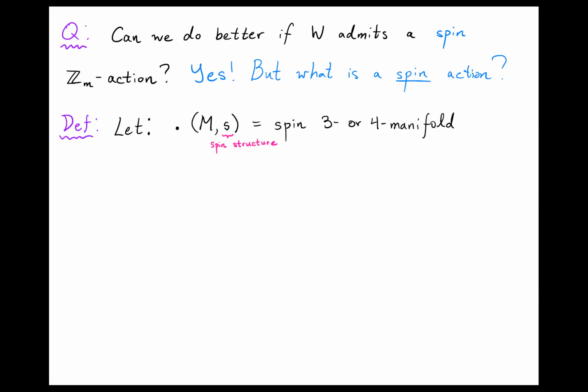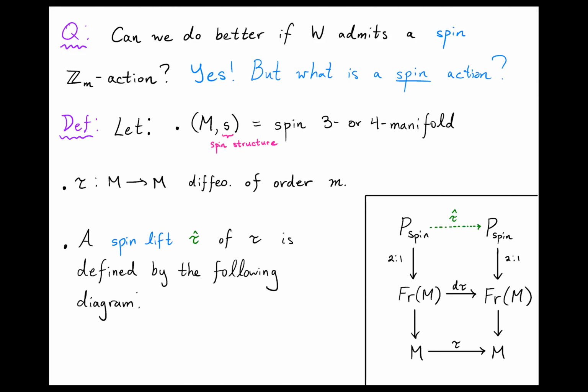For the following, let M be a spin 3- or 4-manifold, and let S denote the chosen spin structure on M. Let tau be a diffeomorphism of order little m on big M. Then we define a spin lift tau hat of tau by the following commutative diagram.